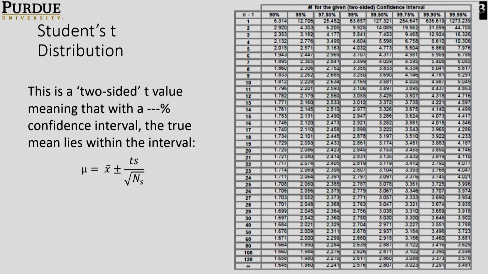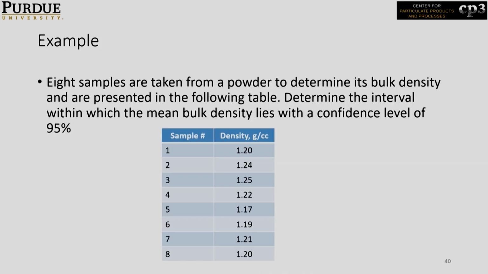Okay, so it's again the t distribution bell curve, so you'll have two tails. Okay, so first thing, for example, you all have your calculators ready? Okay, so we are collecting 8 samples from a powder to determine its bulk density. Okay, we collected 8 samples.